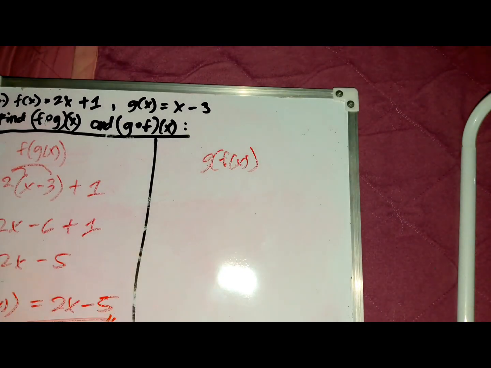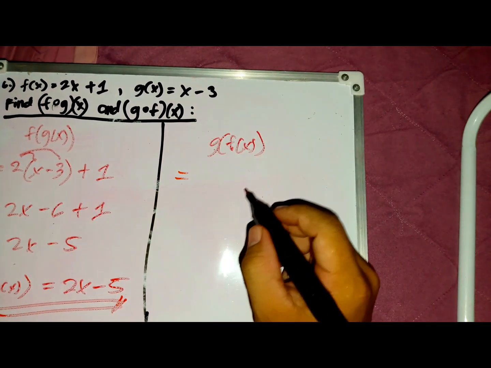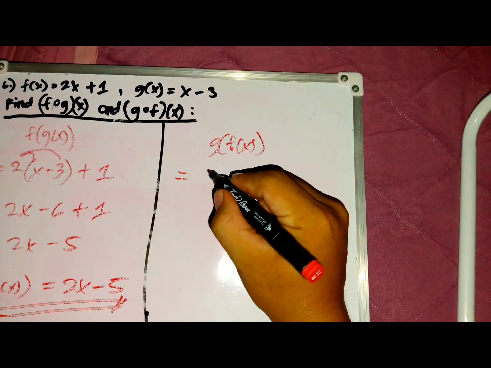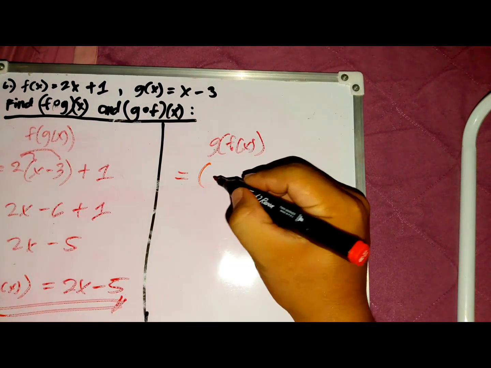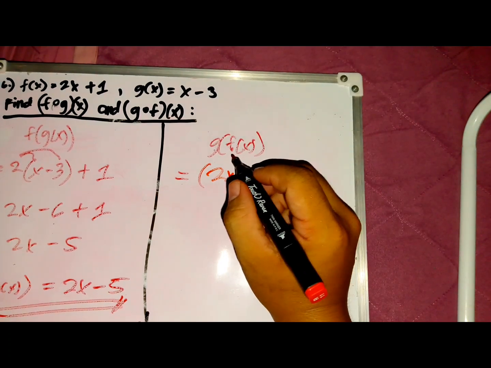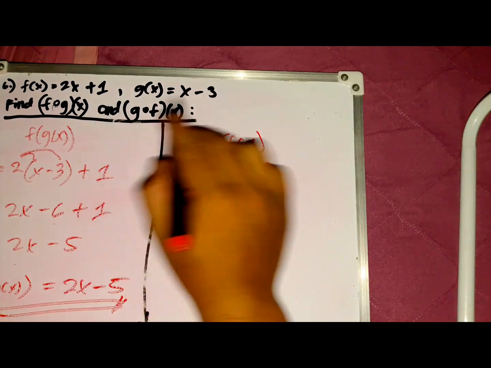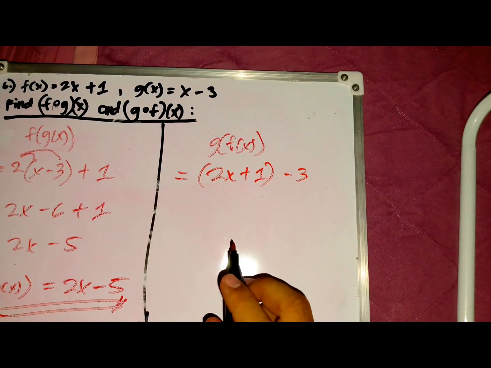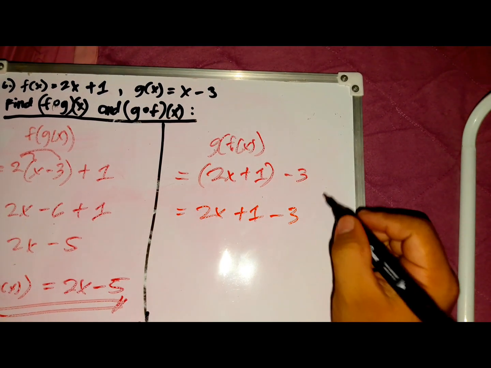Next is g of f of x. We have g of x, which is x minus 3. We put f of x in place of x. So we have f of x, 2x plus 1, then copy minus 3, so it becomes 2x plus 1 minus 3.